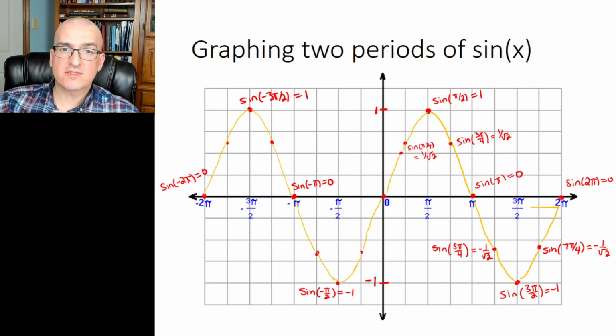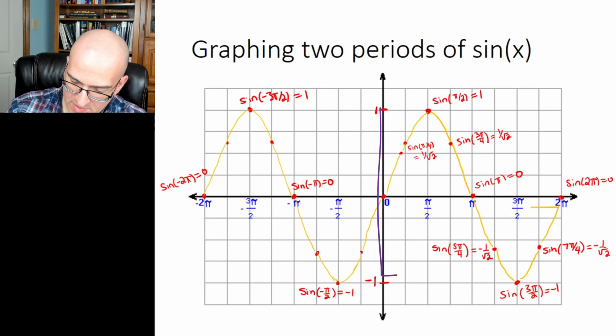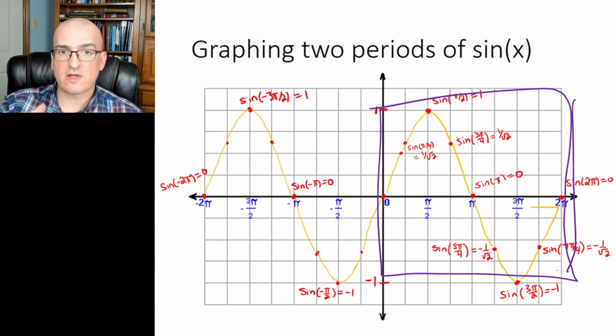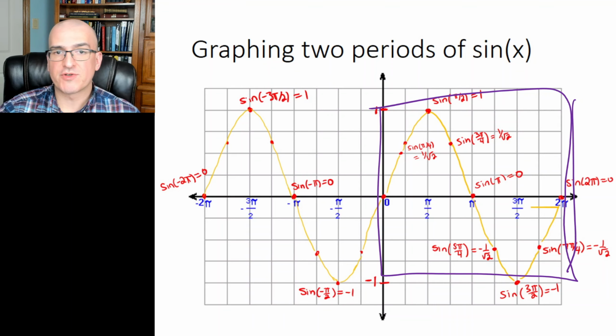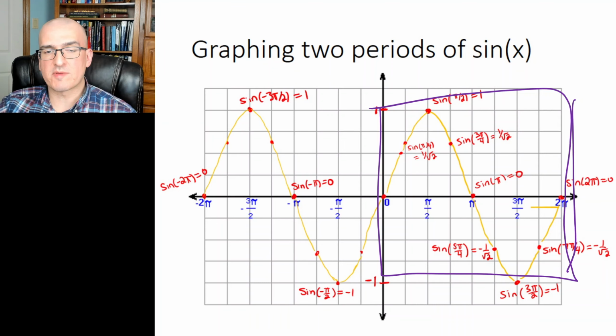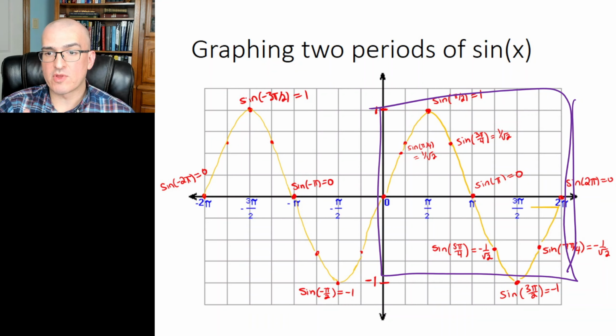If you go past 2 pi, you just get a copy of this piece over here. So do a copy paste of that box and paste it right over here. You just get a shift of that graph as you continue to the right. And then you do it again, copy paste, copy paste. It's like a pattern of that block from 0 to 2 pi.